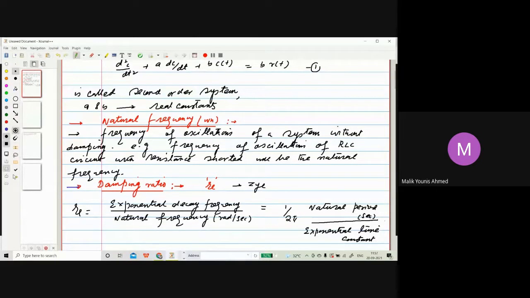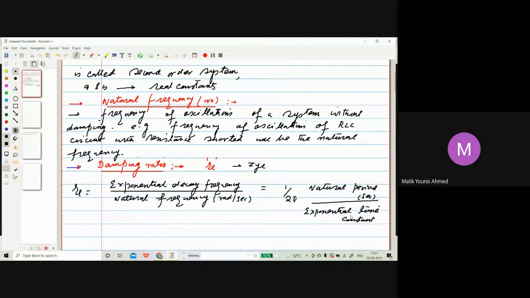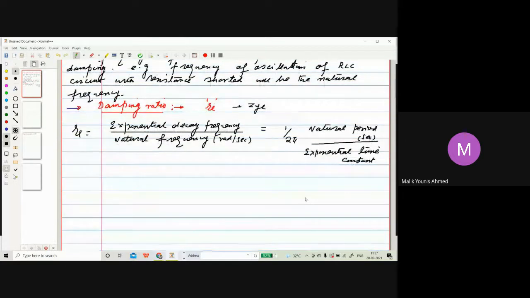So xi is basically a ratio of the exponential decay frequency. The exponential decay is governed by the real part, whereas the frequency of oscillations involves the imaginary part. We saw this last time.